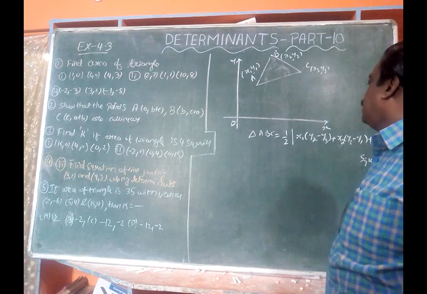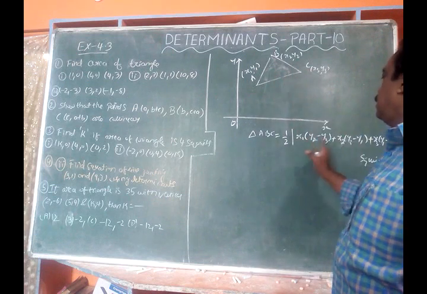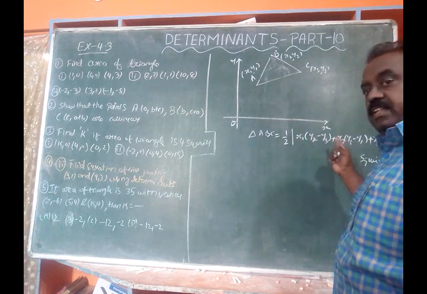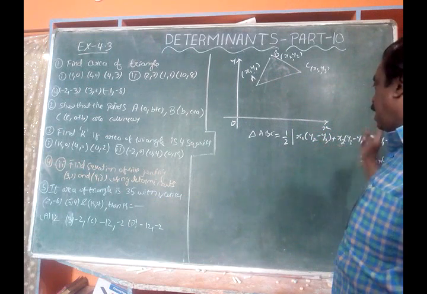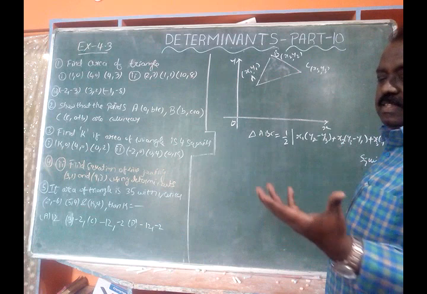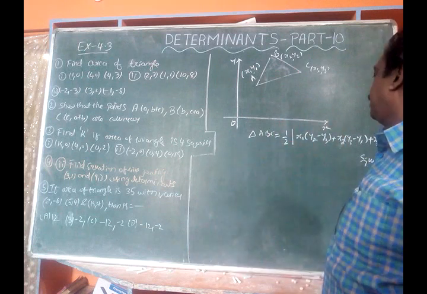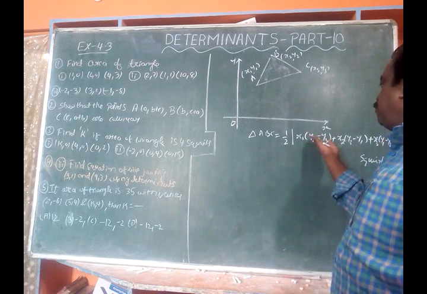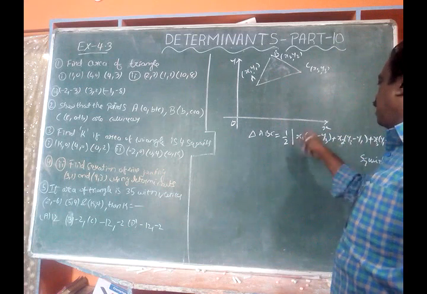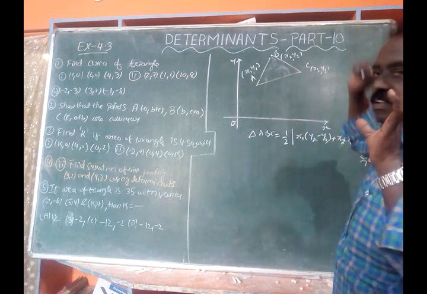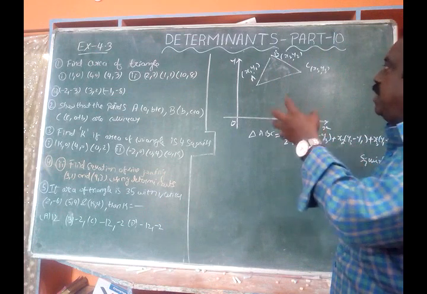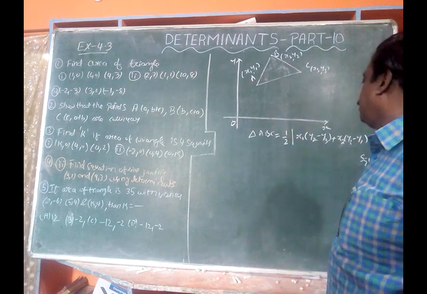You see, in the brackets, y2 minus y3, y3 minus y1, y1 minus y2 follow some order. In the brackets, the differences of y coordinates are there, whereas the multipliers of the brackets, x1, x2, x3, are the x coordinates of the 3 vertices of the triangle for which we are finding the area.